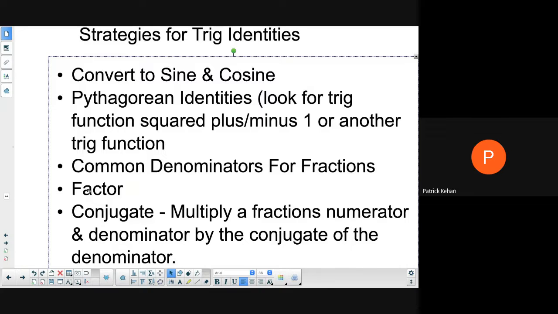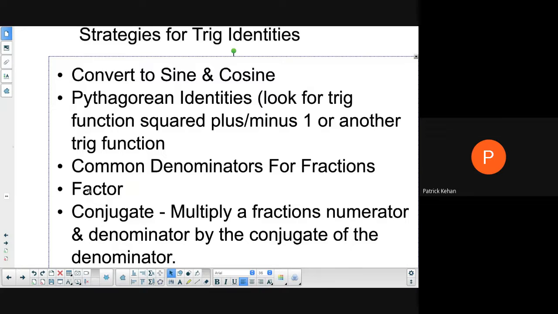This last bullet point is going to seem a little odd at first. You actually use a similar technique when you get into calculus, and you studied the conjugate when you went through algebra 2, mostly with complex numbers and irrational expressions.